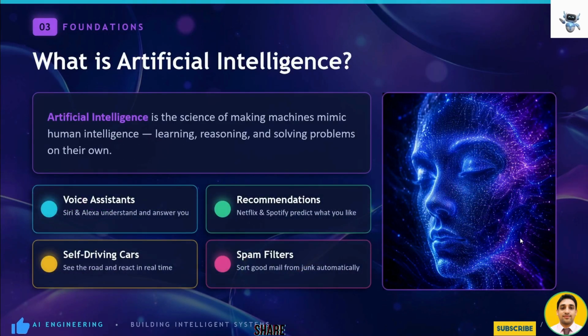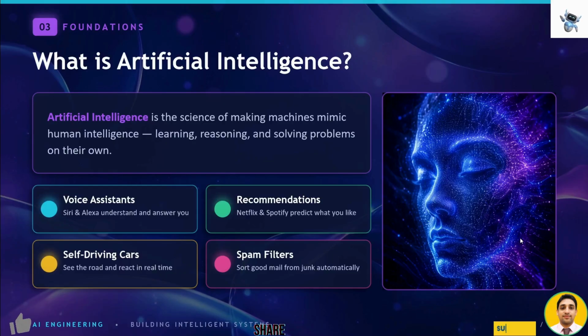Now let's go one level deeper and understand what artificial intelligence actually means. Artificial intelligence, or AI, is the science of making machines mimic human intelligence. That means giving machines the ability to learn from experience, reason through problems, and solve tasks on their own, just like a human would.